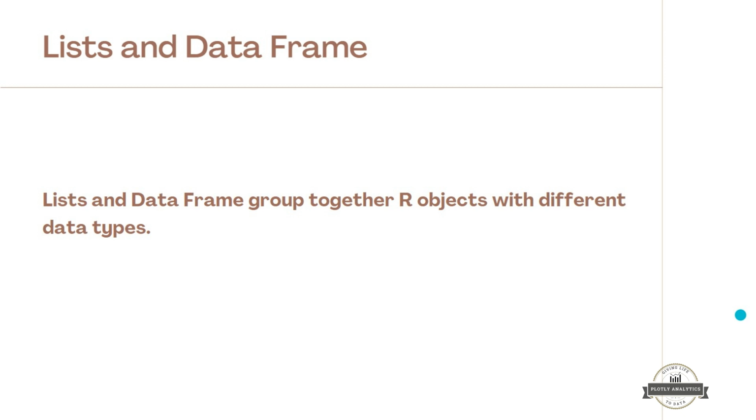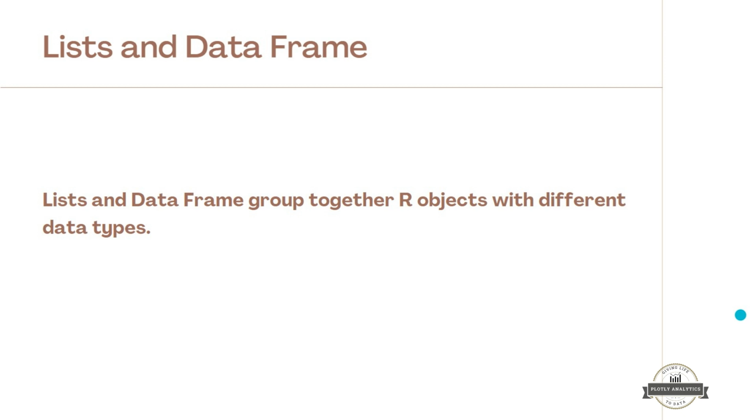Now so far we have seen vectors, arrays and matrices, and these types of objects store only a single data type. For example, they store only numbers or characters. But in the real world the data sets are not like that. In the real world you get data sets with multiple types of information.